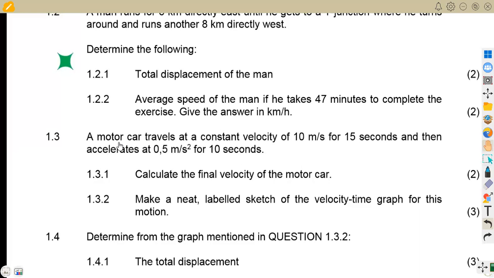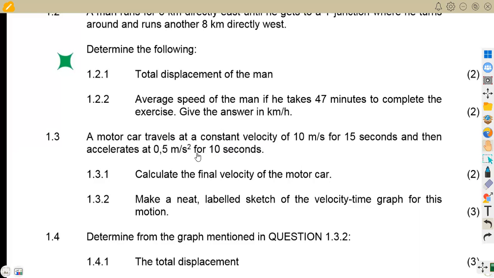Take note that here we are given that previously the motor car travels at a constant velocity, for this time that you're given. So we can find the acceleration for this part. And then we are given that it accelerates at 0.5 meters per square second for 10 seconds.